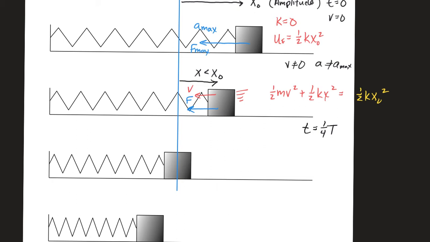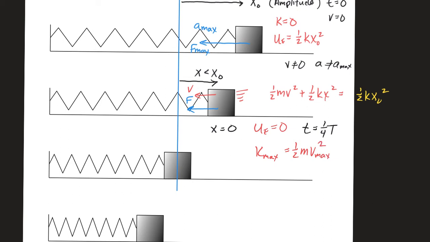There's several things to know about at this moment. First, there is no elastic potential energy. This is because x equals 0. We are at equilibrium. That means that all of the energy is in the form of kinetic. So we are at 1/2 m v max squared.